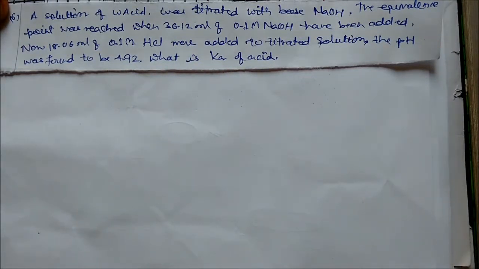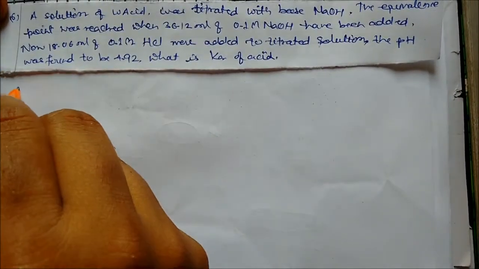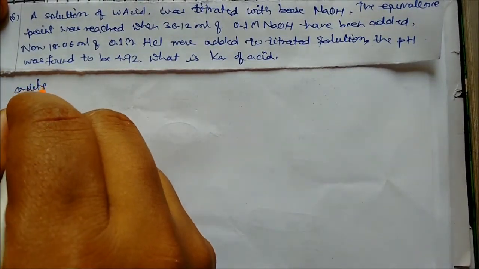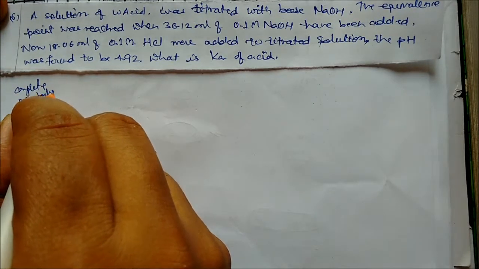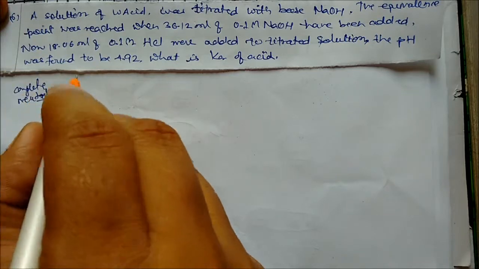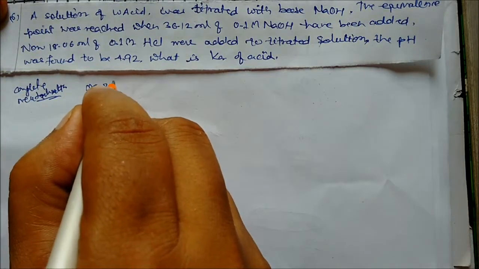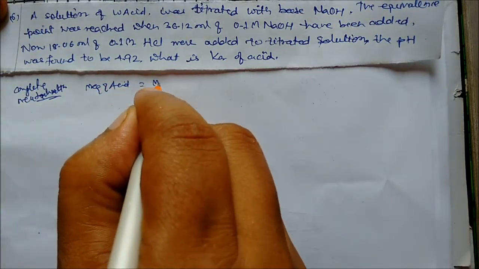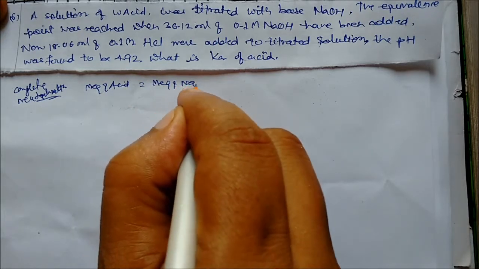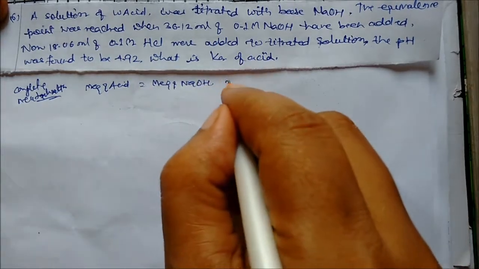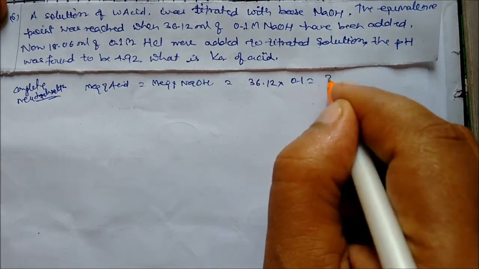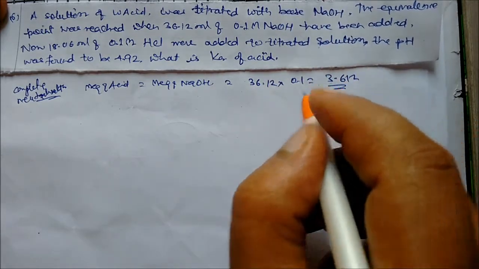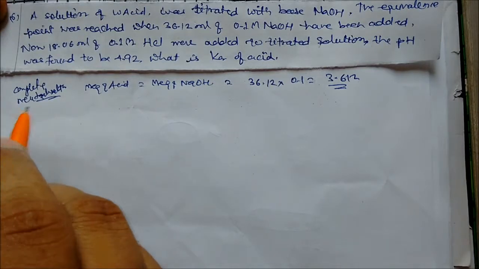So we know the acid-base reaction, and for complete neutralization we have to write the reaction. Milliequivalent of acid is equal to milliequivalent of NaOH, which is 36.12 into 0.1, so you will get 3.612. This is the milliequivalent of acid and base.